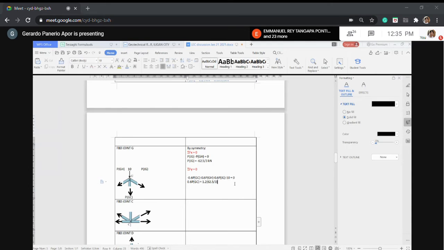Okay. Because they have the same sign, they have the same value. So I just add them, combine. So 0.6 and 0.6 will become 1.2. And then their sign will become positive because there's the negative value here. Like that.